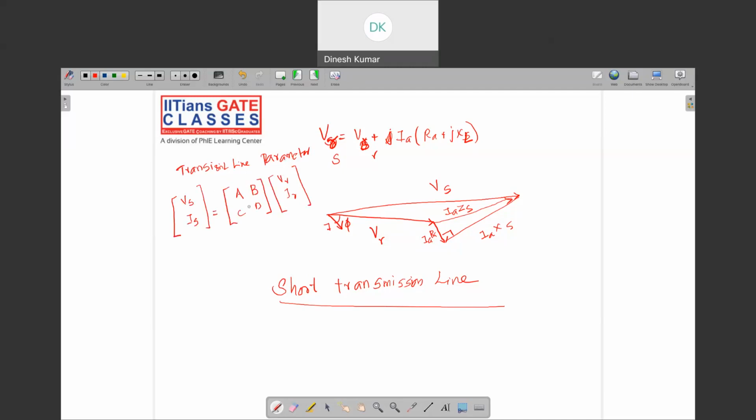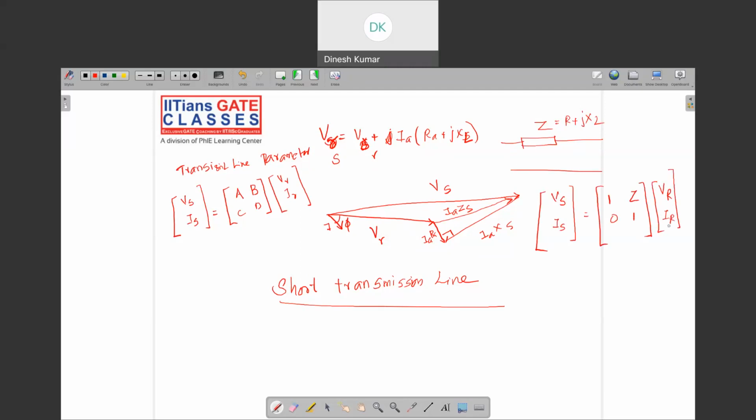So V sending and I sending in terms of V receiving and I receiving. If you consider the ABCD parameters of this one, assume that the impedance of this is Z, where Z is equal to R plus jXL. Then we can write the transmission line parameters as Vs, Is is equal to [1 Z; 0 1] into Vr, Ir.